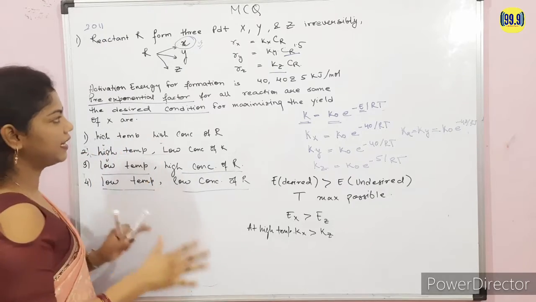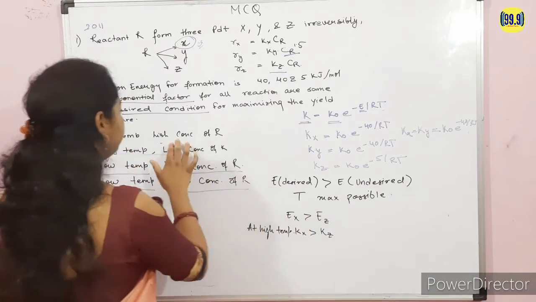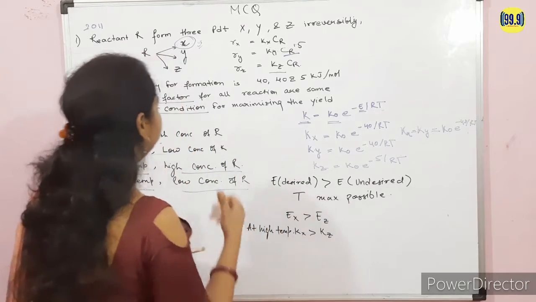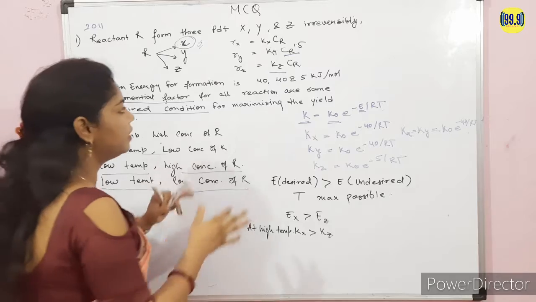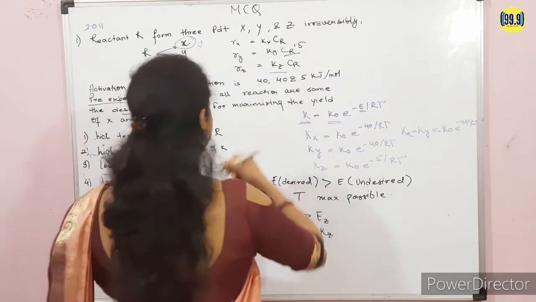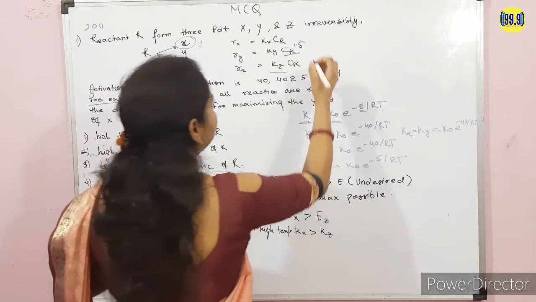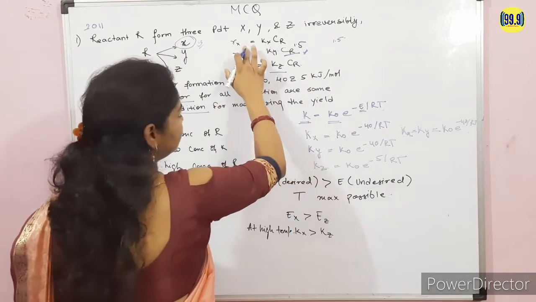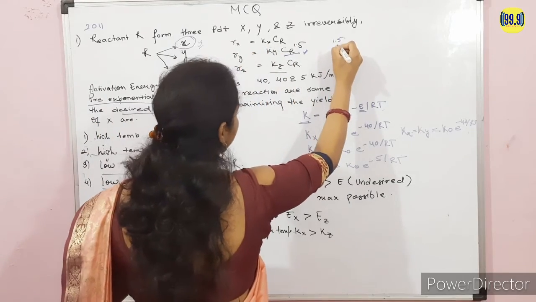Now in the second part we have to determine the concentration of R. You can see that the concentration term of Y has a power of 1.5 and the concentration of X has a power of 1.